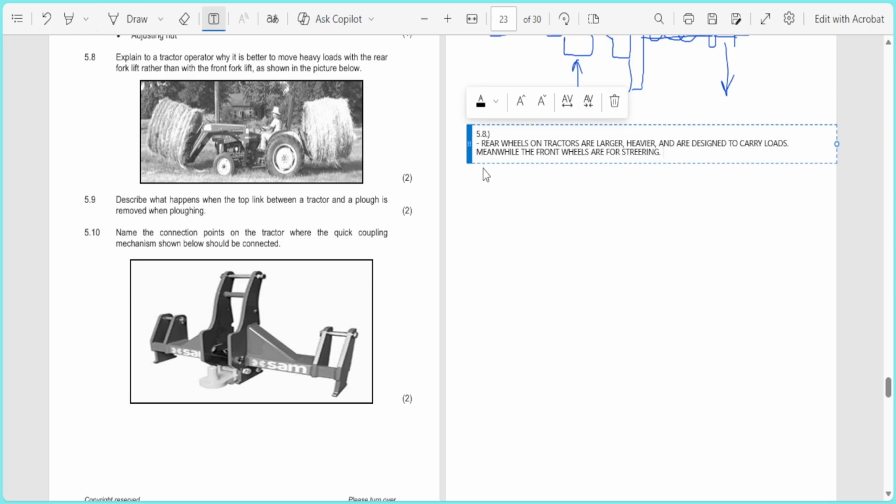Just to put it in summary, for 5.9, we can do the following.